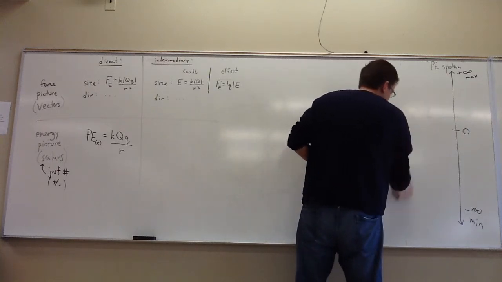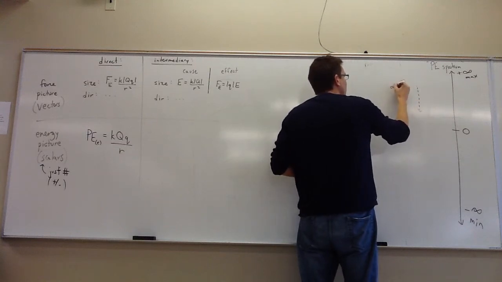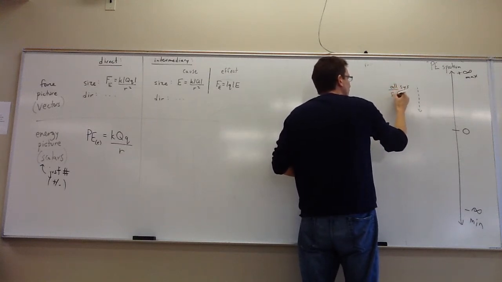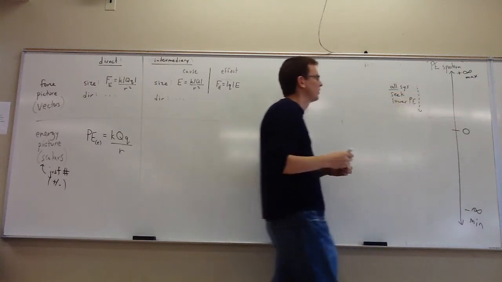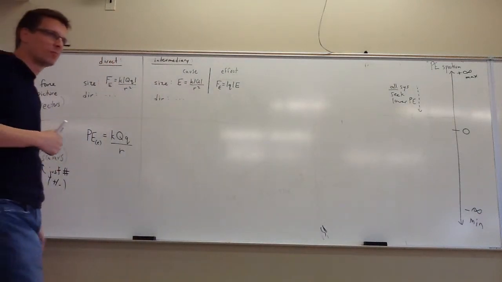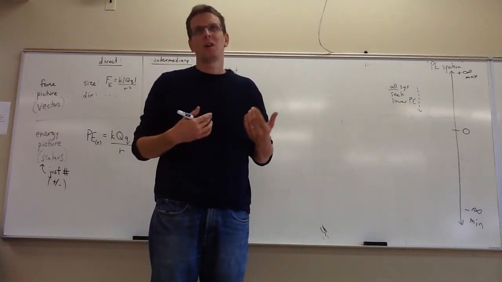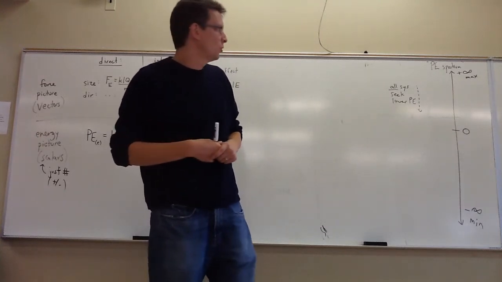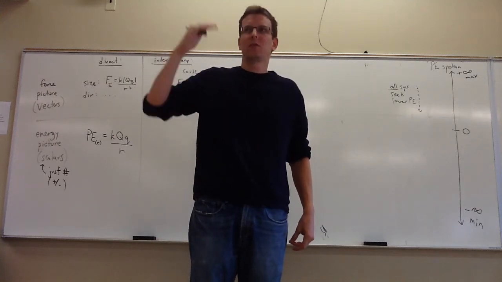So going along with this, all systems seek lower potential energy. Okay? If we leave a system and we think of its natural tendency in how to evolve, it will always tend to move from a higher energy stored state to a lower one.